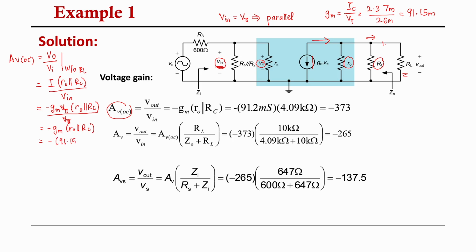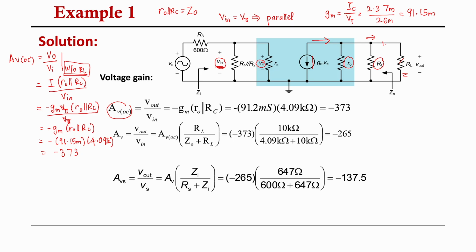R naught parallel with RC is the one that we calculated as the Z out, right? Which is equal to 4.09 kilo. So we will get negative 373. But this is if it is without RL.